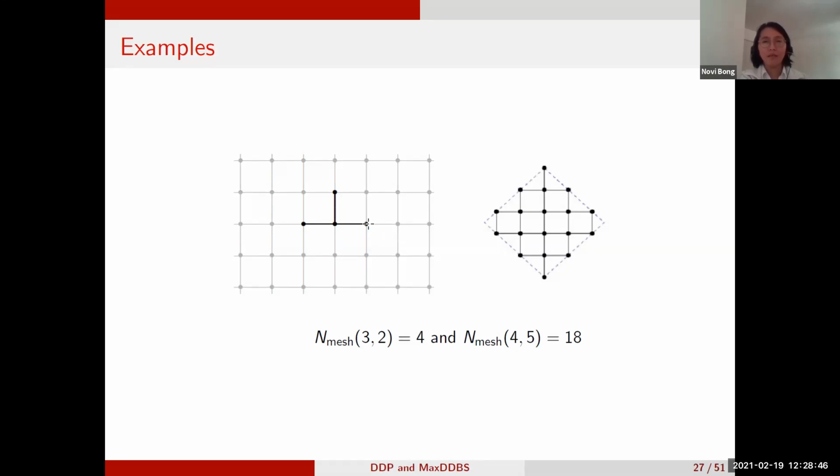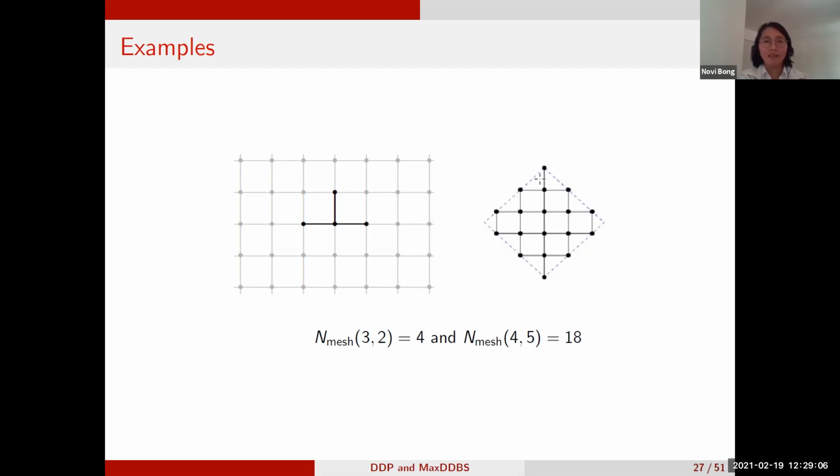You cannot add any more because it would make the diameter bigger. And here's an example with maximum degree 4 and diameter 5, this is the largest subgraph that you can get.